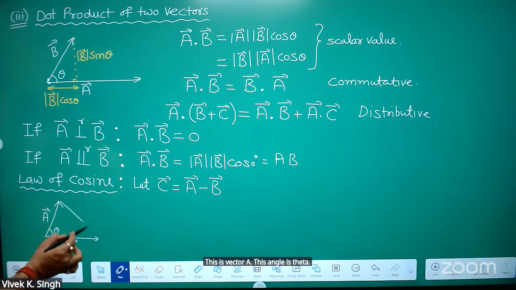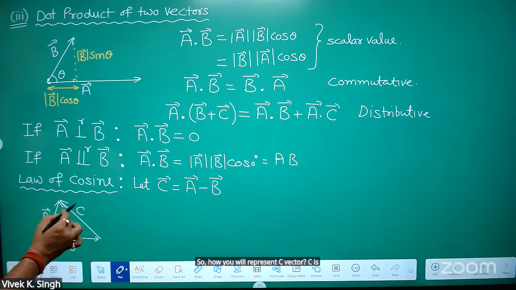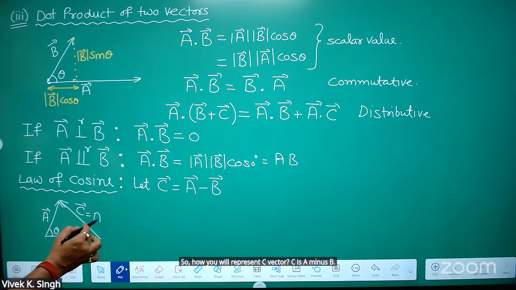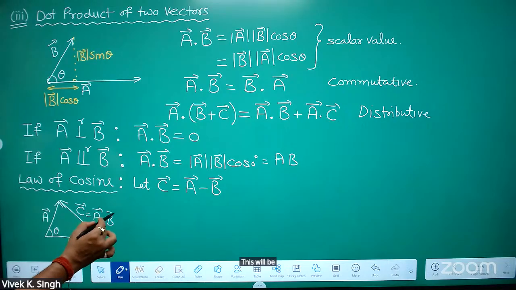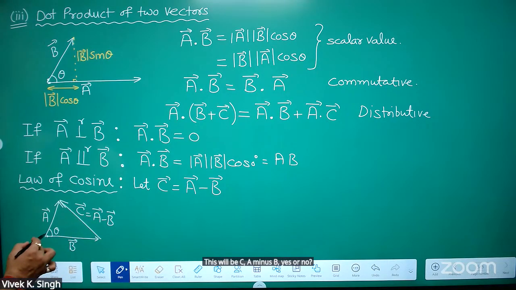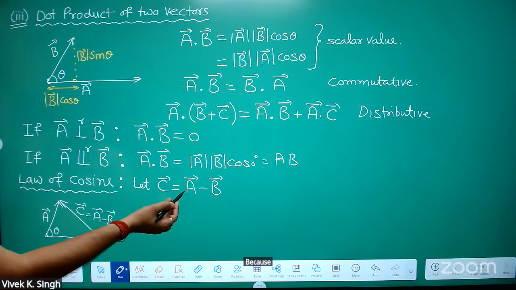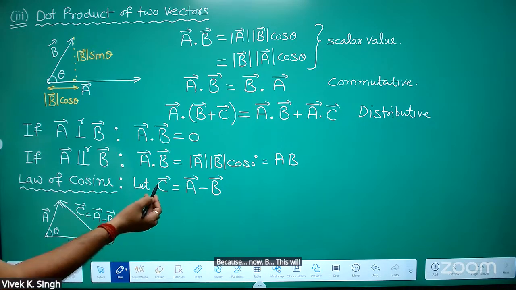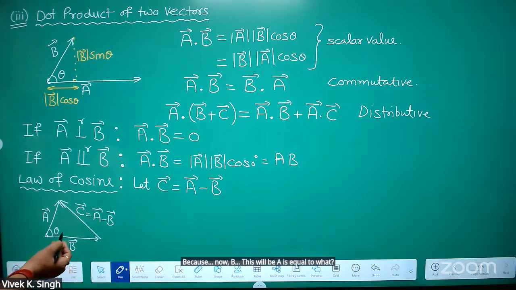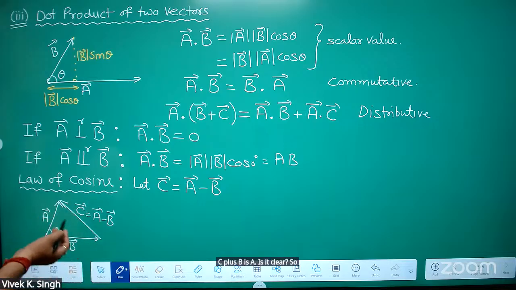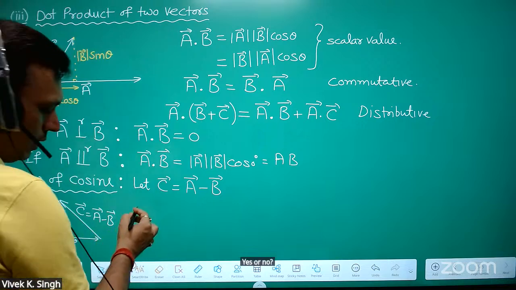How will we represent the C vector? C is A minus B. Yes or no? Because C plus B is A, the C direction will be this. Yes, sir.